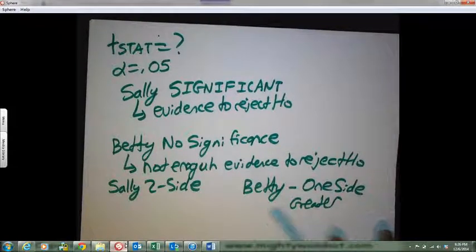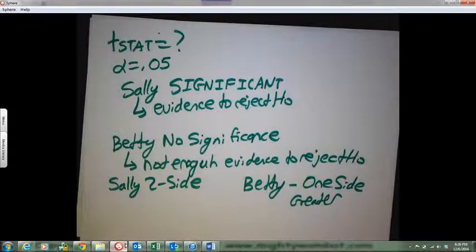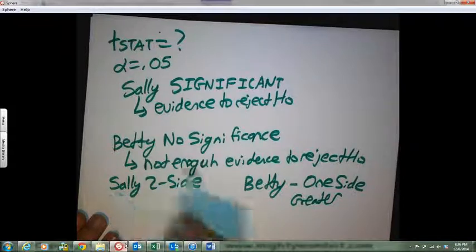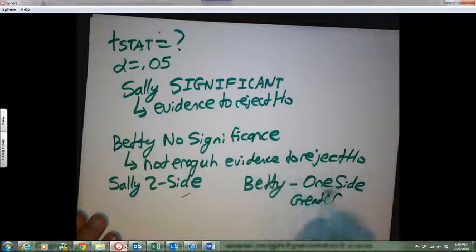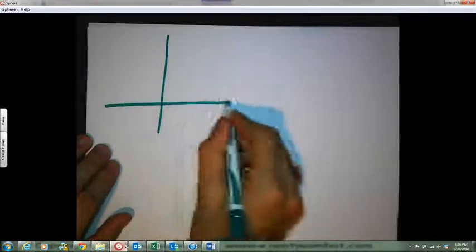Well, there's a nice hint we give you, which is figure out what stat would have worked for Sally but not Betty. Let's think about this for a second. We have a graph here, some distribution.